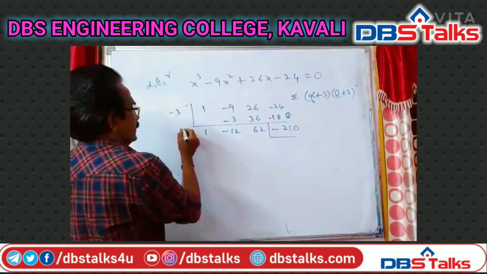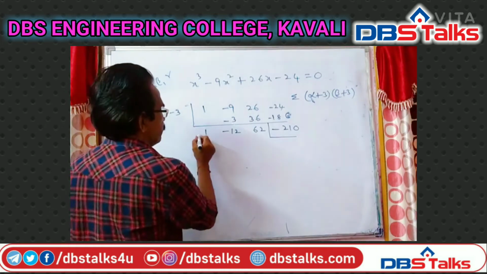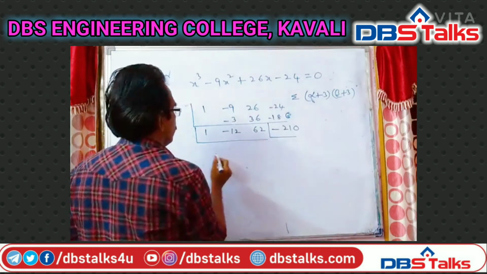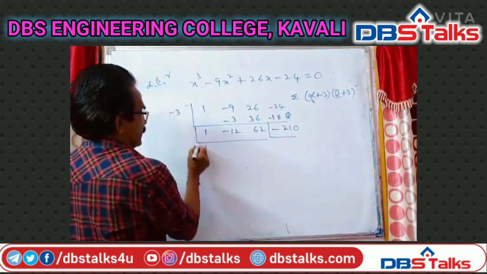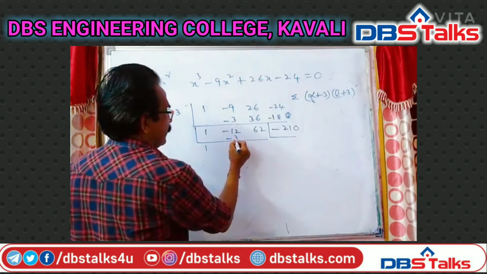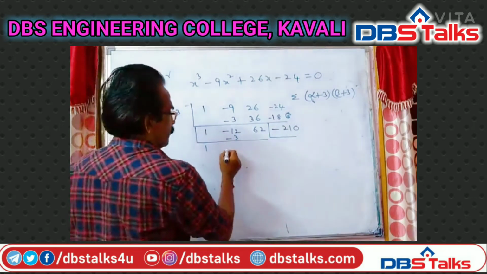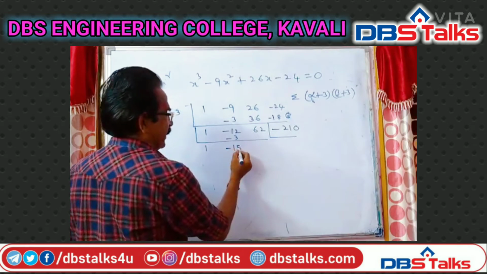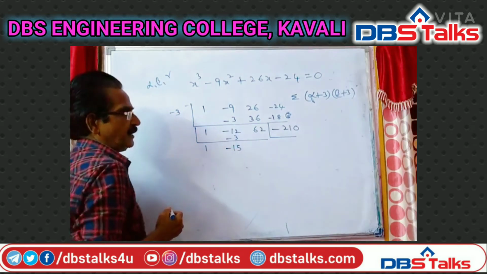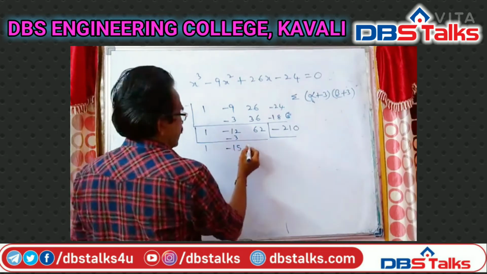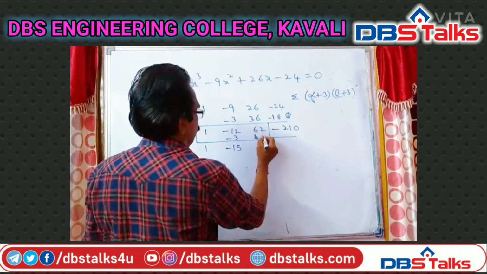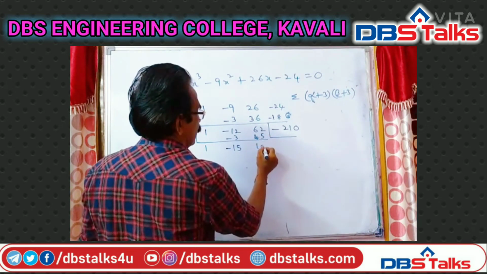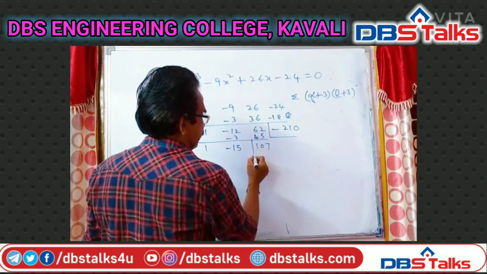Then again with minus 3: 1, minus 3 into 1 minus 3, minus 15, minus 3 into minus 15 plus 45, 107.